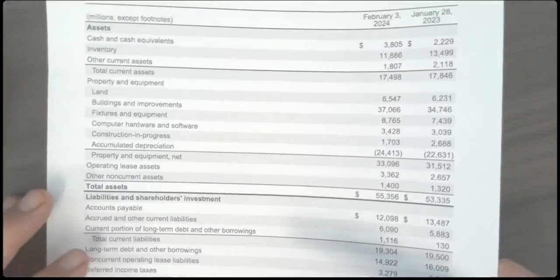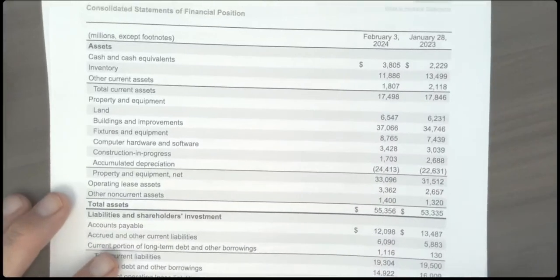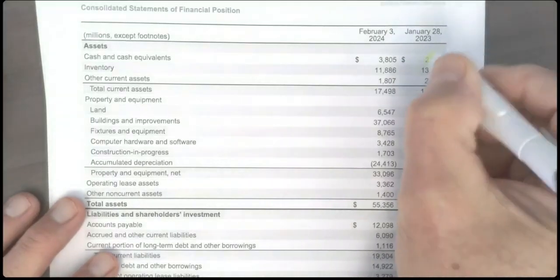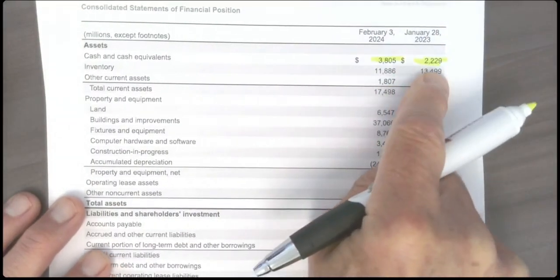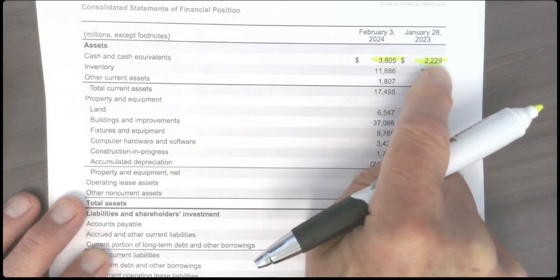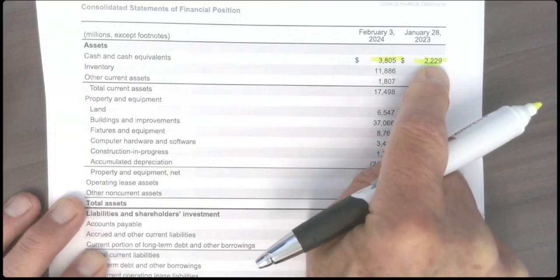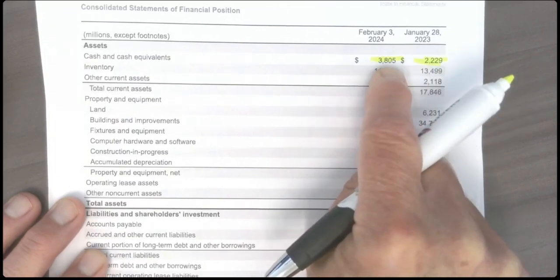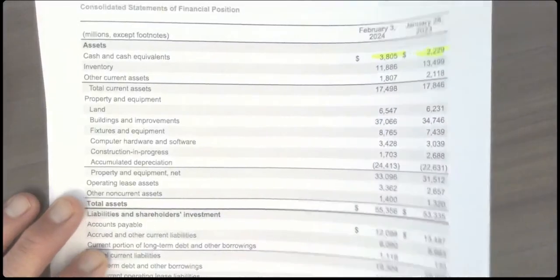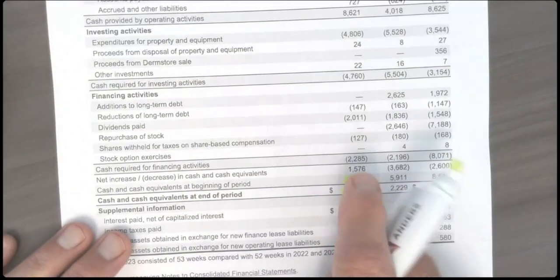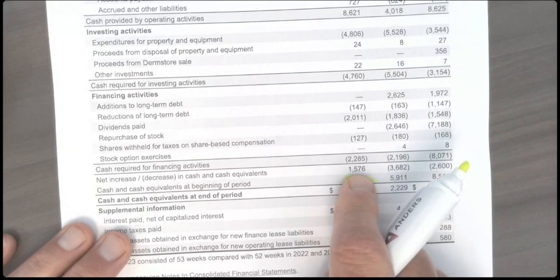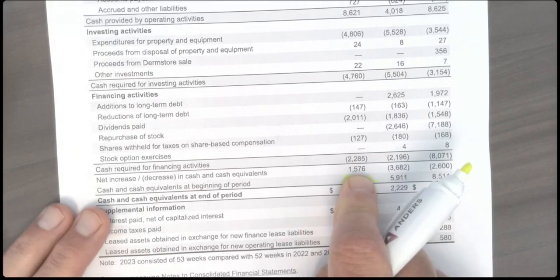Is that what we see on the balance sheet? And indeed it is. So what this statement is accomplishing is it's explaining exactly how cash went from 2.229 billion to 3.805 billion. All right. And that, by the way, is a change of 1.576 billion.